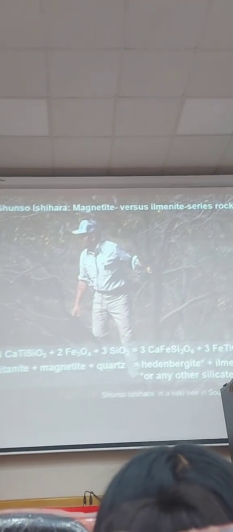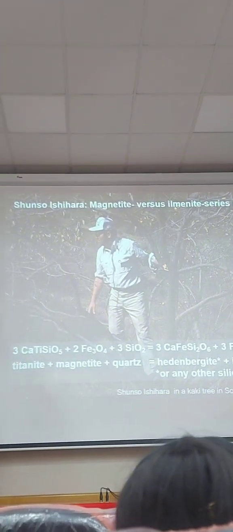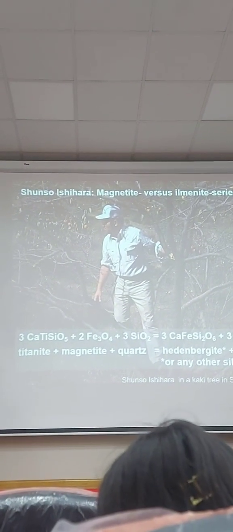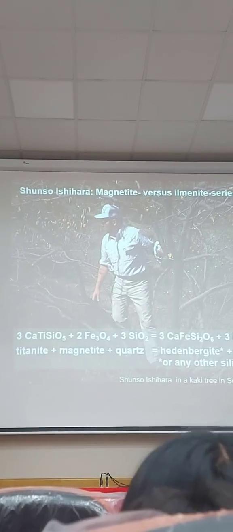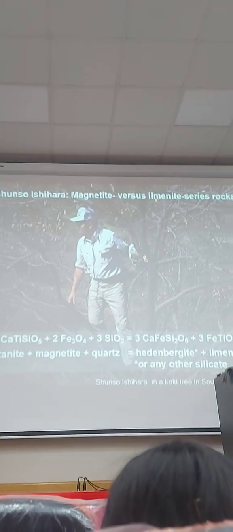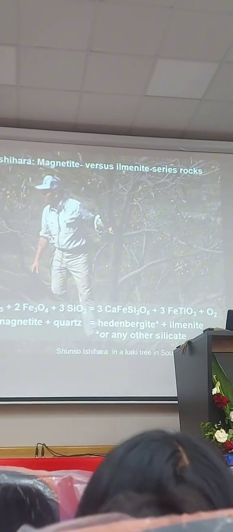Yeah, now to understand these different slopes, it's important to know what this guy proposed, Shunso Ishihara, from the Geological Survey of Japan. Actually, he proposed to distinguish granites into magnetite versus ilmenite series granites.